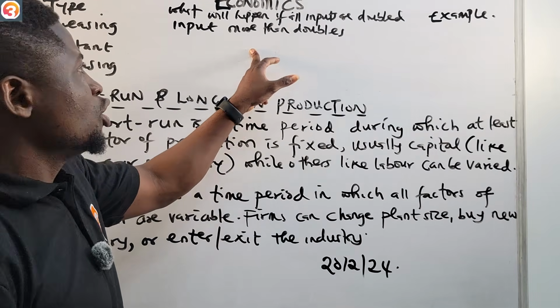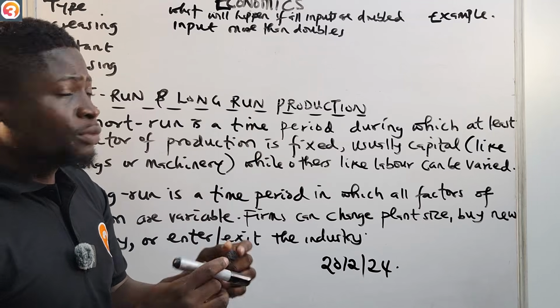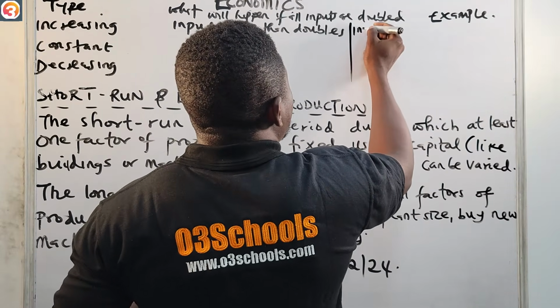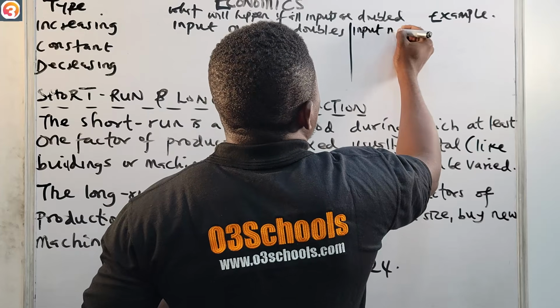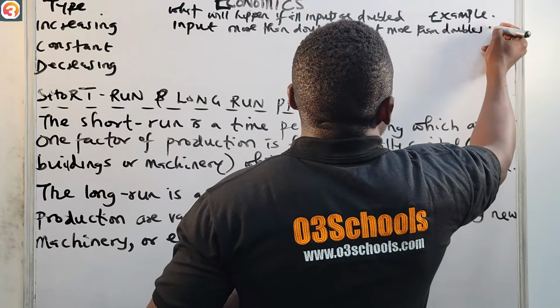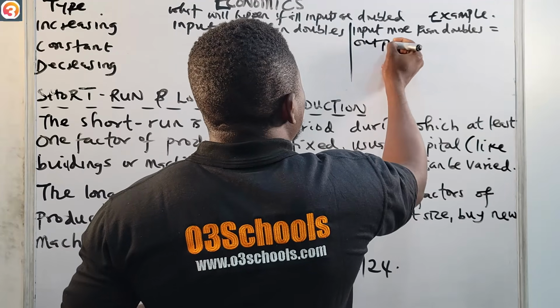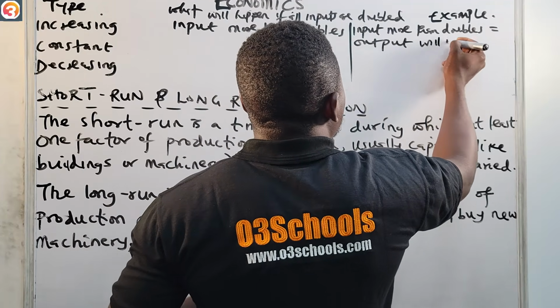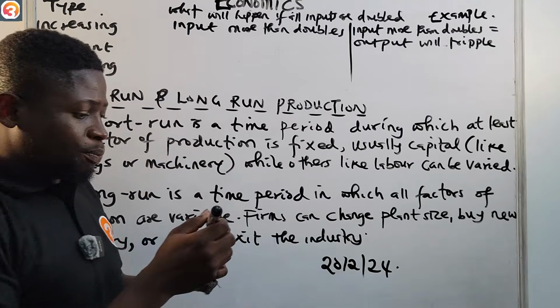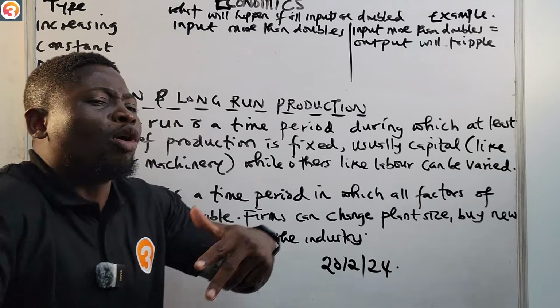So what will now happen? An example: let's say input more than doubles, then output will triple. Output also will more than double.